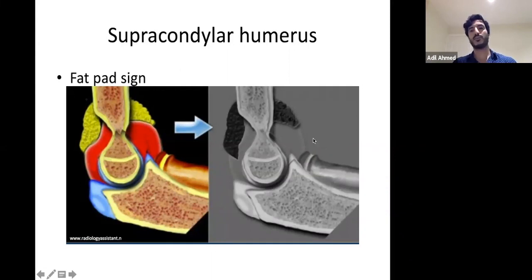As a rule of thumb, with children, the older they get, the more we probably end up operating, and the more we want to use stronger methods of holding the fracture, and the stronger methods would be plating or nailing. So in the younger patients, we may opt for K-wires or screws or things like that. As patients get older, we may think about plates and nails.